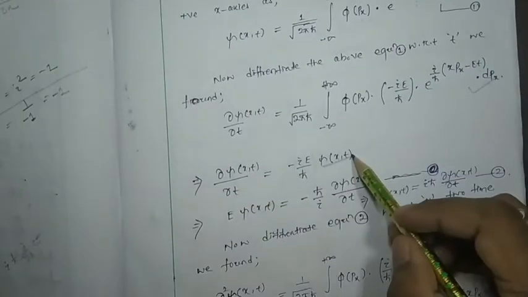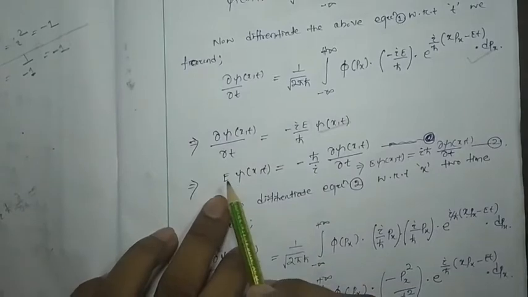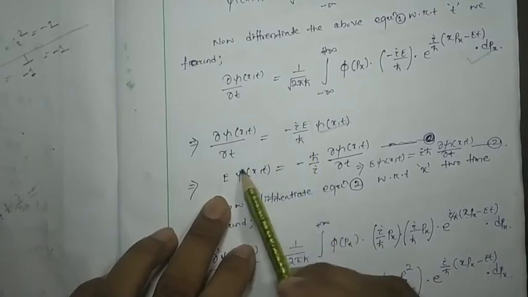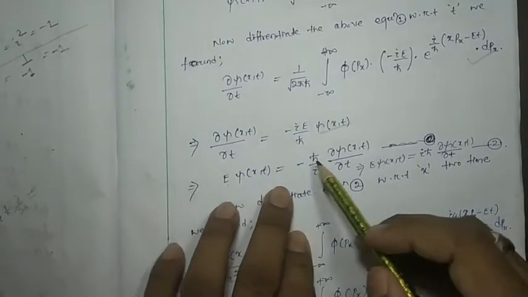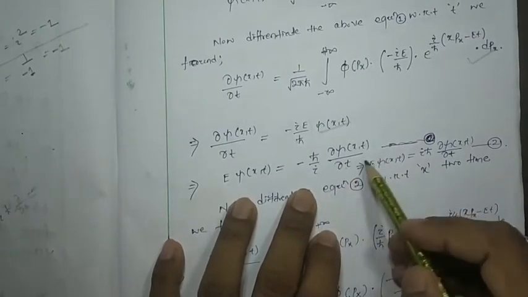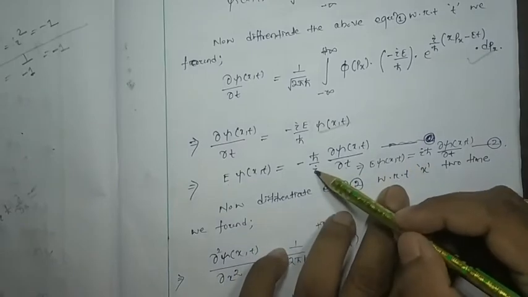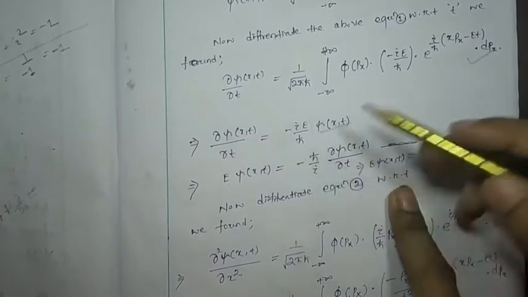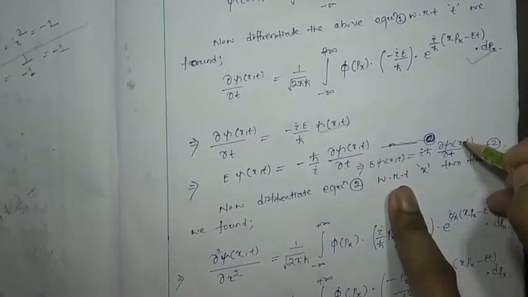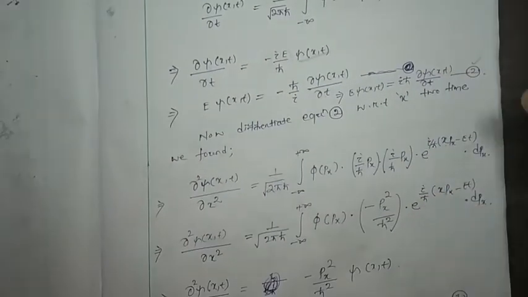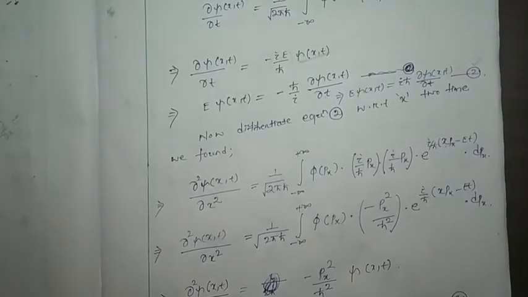So if I cross multiply, I find E psi xt is equal to h cross by i del psi xt by del t. That implies, taking i to the numerator, minus i and minus becomes plus, so E psi xt equals plus i h cross del psi xt by del t. Let this be equation number 2. Now we have to differentiate equation number 2 with respect to x two times.